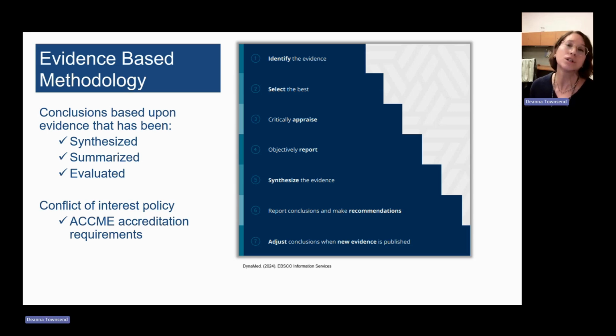So all that critical appraisal is being done by the systematic literature surveillance team for you, and you can have confidence in that. And they also offer a transparent level of evidence rating system so that you can identify where it sits within the levels of evidence.